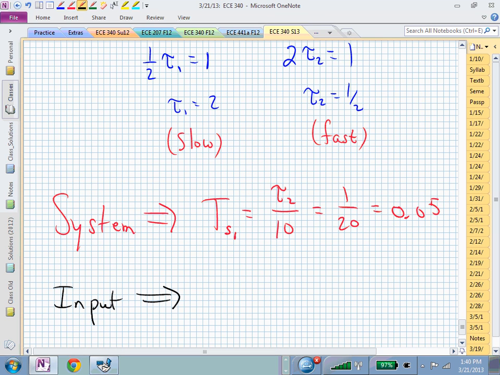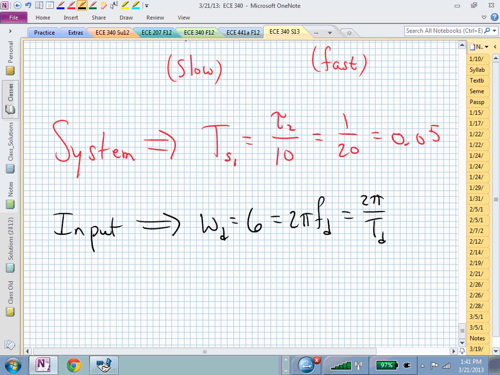Now if we looked at our input, what do we know about that? Well, we know that the input had a damped frequency of oscillation of 6. It was 2 sine of 6t, wasn't it? And this is now 2 pi f sub d, and you just told me f sub d was roughly 1, which it is. Or this is now 2 pi over t sub d.